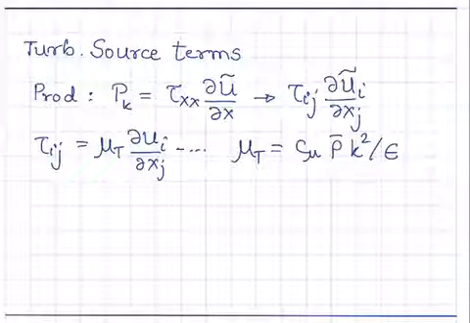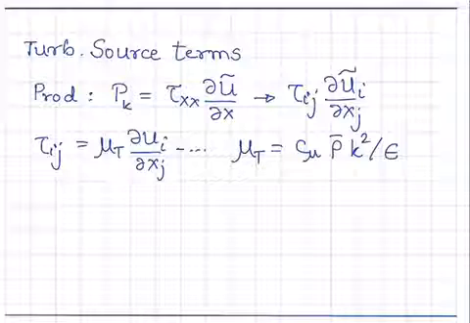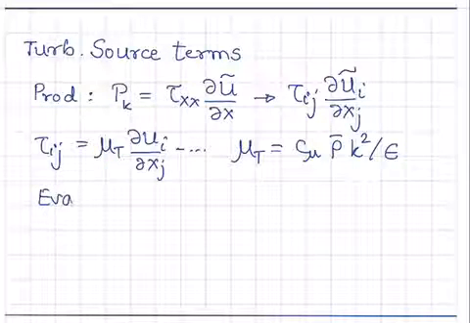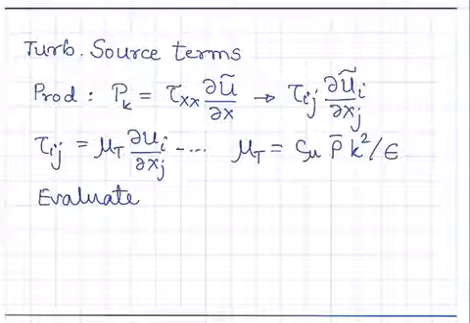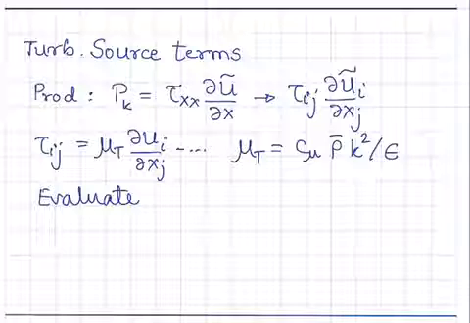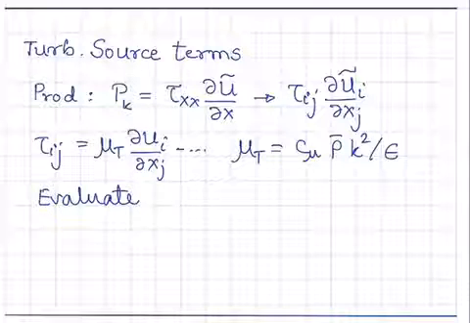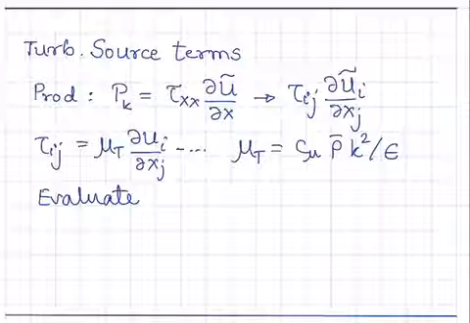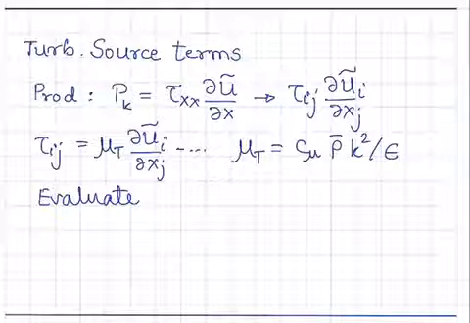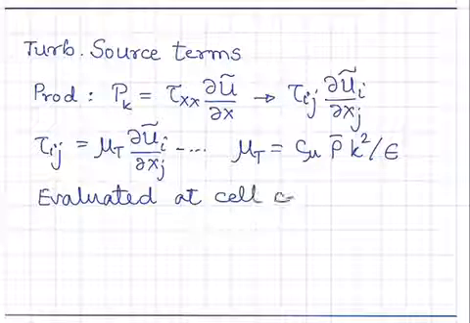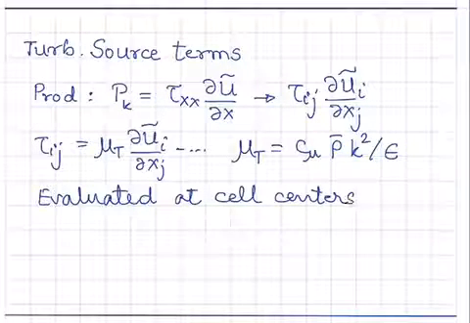For that reason, they are evaluated at the cell center. So let me write that: evaluate all the source terms involving Reynolds stresses, eddy viscosity, and the velocity gradients. All of these are evaluated at cell centers.